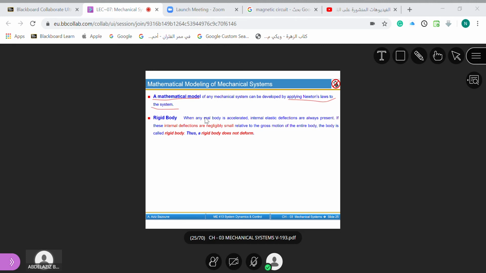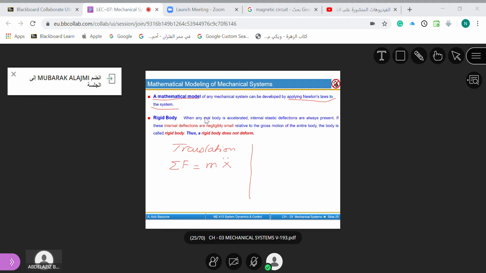I'm sure that all of you know it. It is just for translation. Newton's second law says the summation of all forces, or the resultant of all forces, is equal to mass times acceleration. This is for translation.